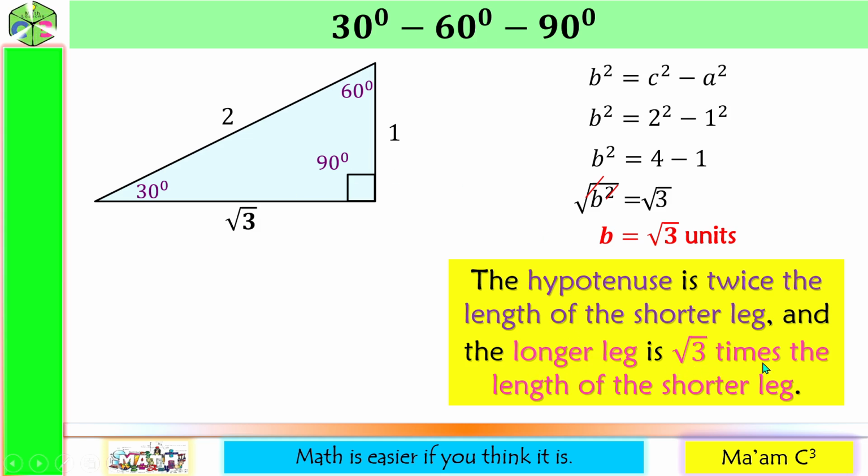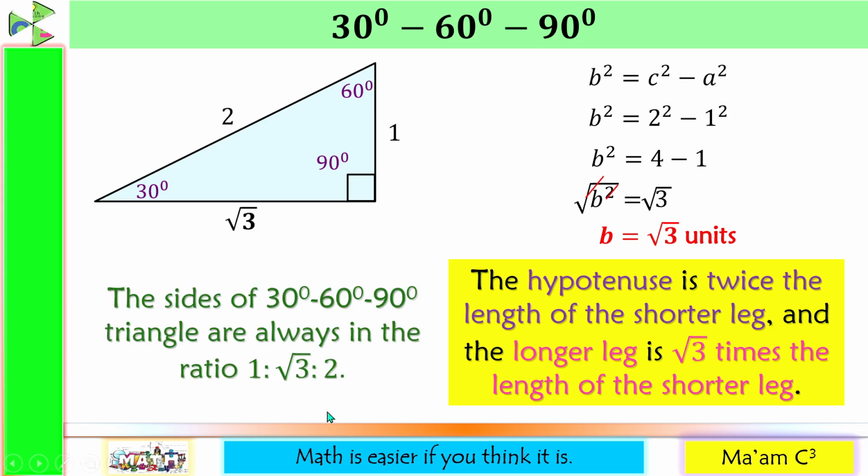So this is also correct. It is also good to remember that the sides of a 30, 60, 90 degrees triangle are always in the ratio 1 is to square root of 3 is to 2. So the shorter leg, multiply it with square root of 3, that will be the longer leg. And then twice of the shorter leg is the hypotenuse.